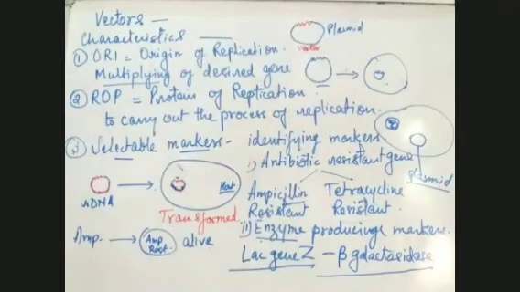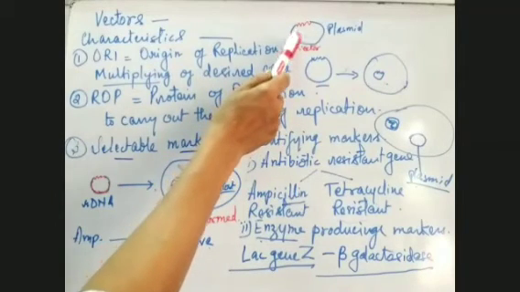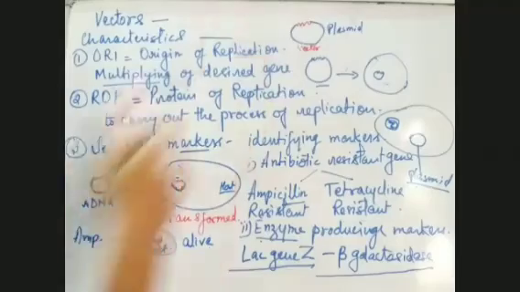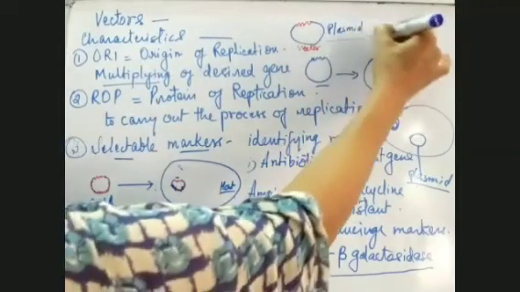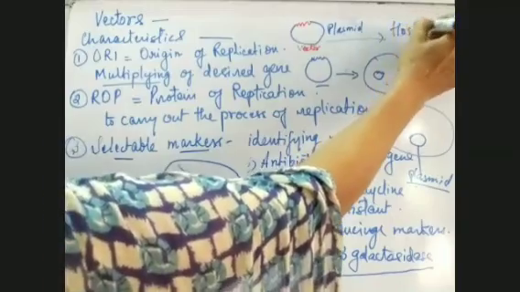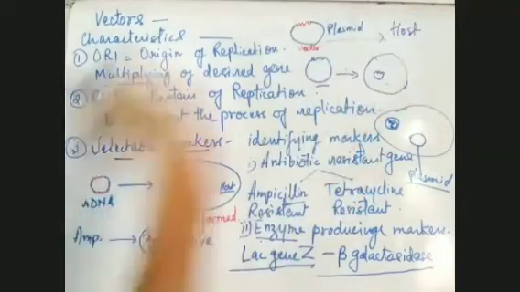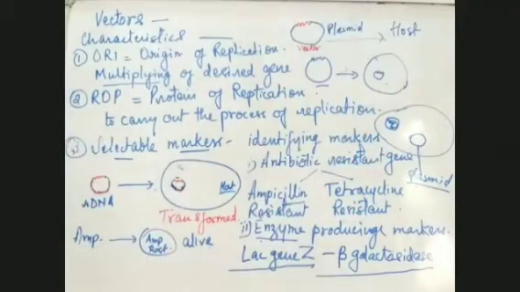In the host, when this enters, it will multiply, and we will get the product in large amount. Is it clear till here?